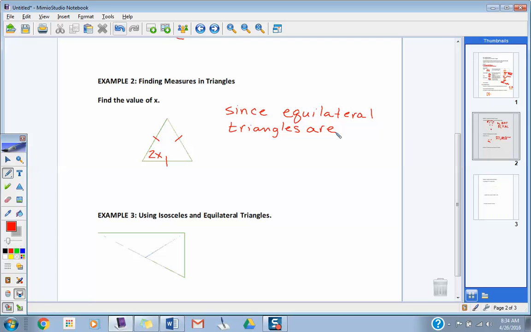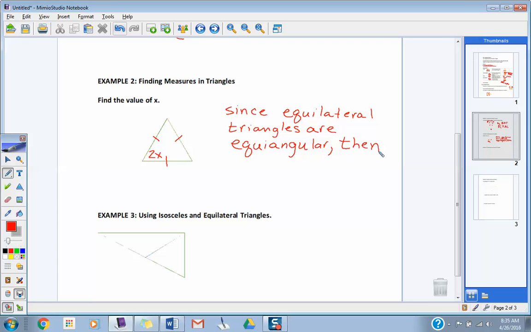If it's equilateral, it's also classified by angles as, what was the word again? Parker, I think you said it once. Equiangular, right? Since that's true, then each angle must be how many degrees in here?